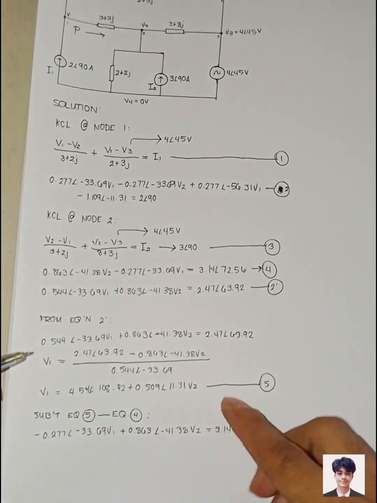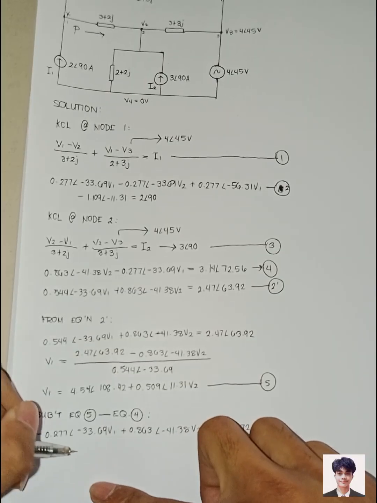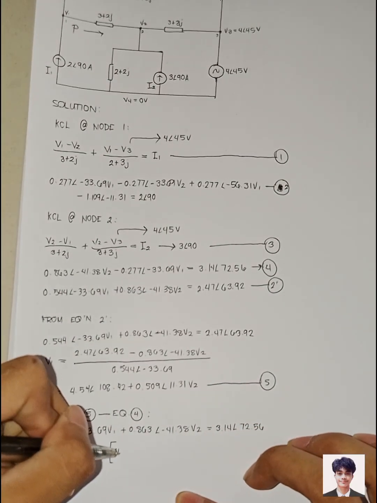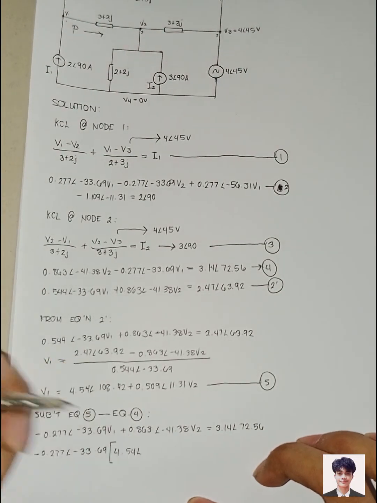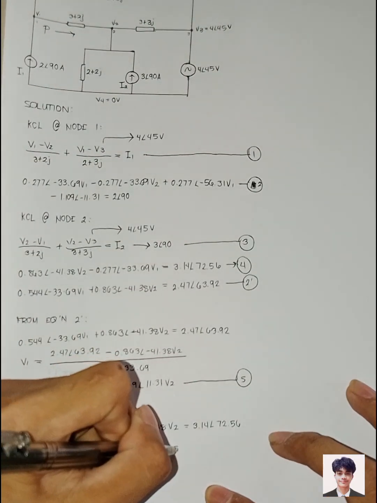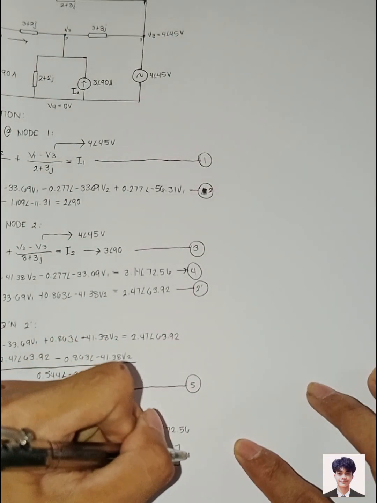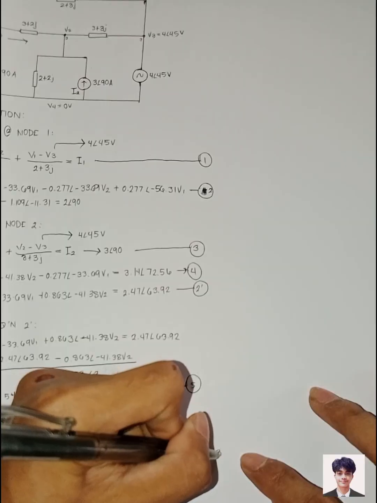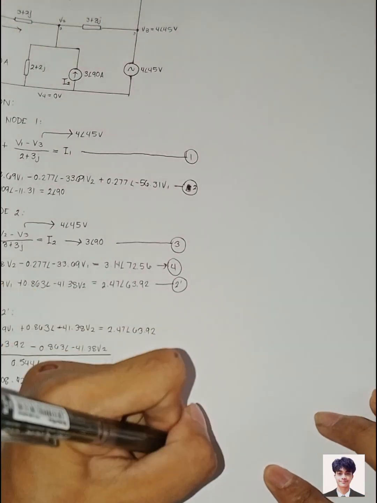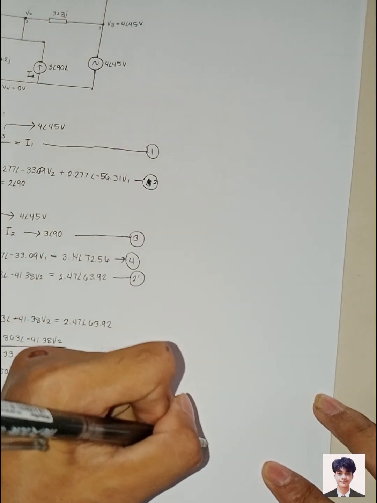Now we are going to substitute this equation: 0.277 angle of negative 33.69 times 4.54 angle of 108.42 plus 0.863 angle.